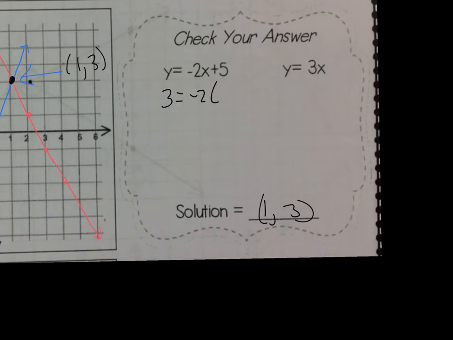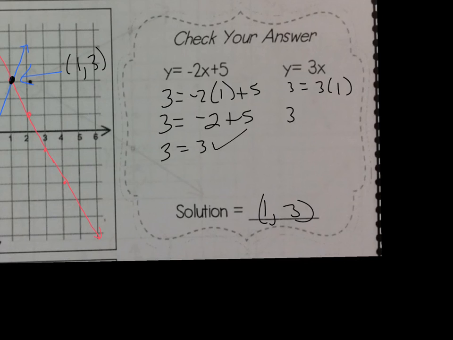My x variable is 1, and then bring down plus 5. Same thing over here. My y value is 3. It's 3 times my x value of 1. Now, let's clean this up. 3 equals negative 2 times 1, which is negative 2, plus 5. Negative 2 plus 5 is 3, so 3 equals 3, and it checks out. 3 times 1 is 3, so 3 equals 3, and it also checks out. Therefore, 1, 3 is a solution.